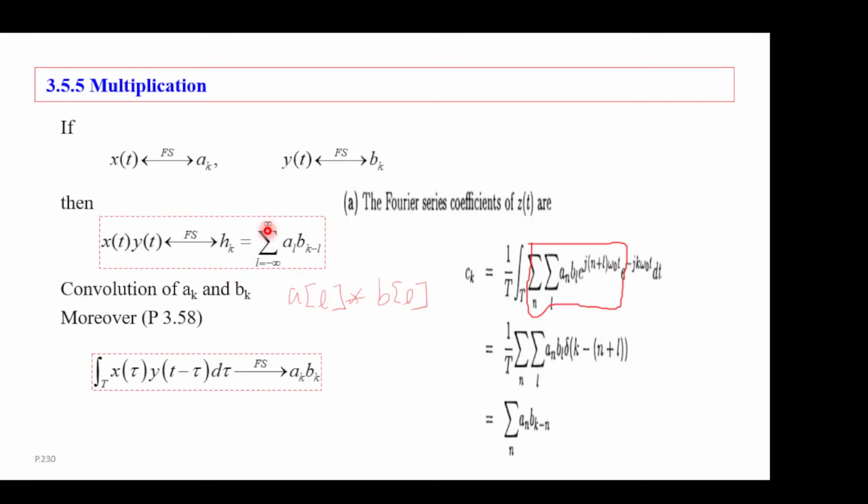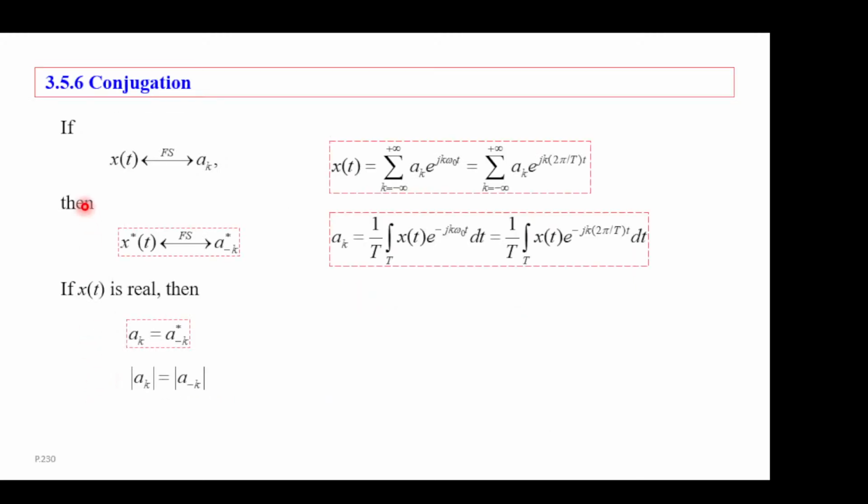So multiplication goes to convolution, convolution goes to multiplication, and then we have conjugation. We've seen this kind of derivation before when we talked about real functions. Basically what happens is, when you do conjugation on your signal, your a_k will become a star minus k.